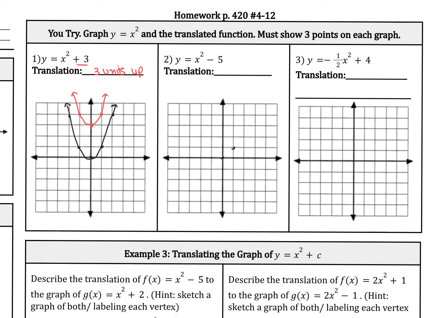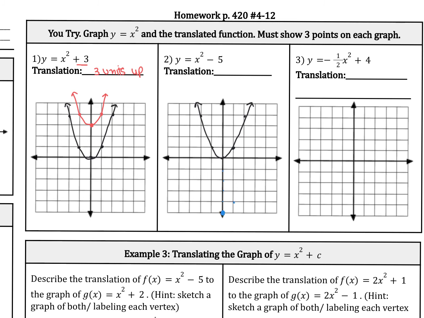Next, same thing, you graph the parent function first of all, and then you're going to move the graph according to the number that is given here. So this means that the graph is going to move down 5 units. So 1, 2, 3, 4, 5. So the graph moved 5 units down.